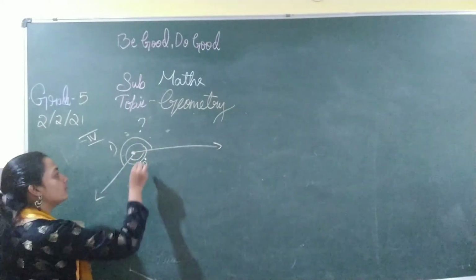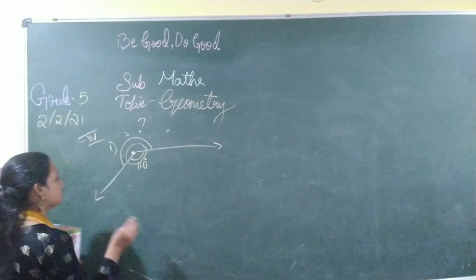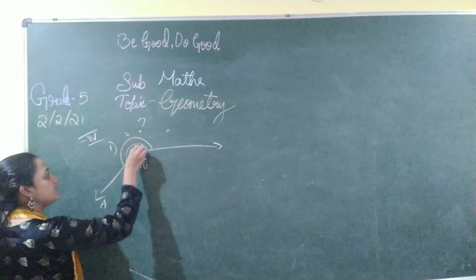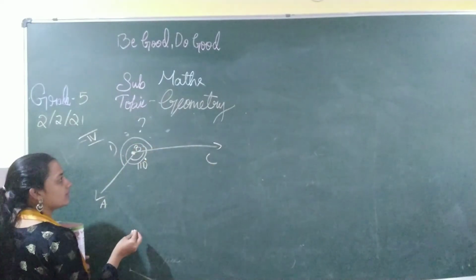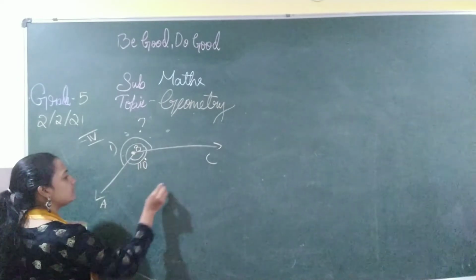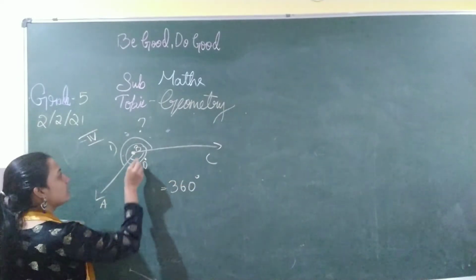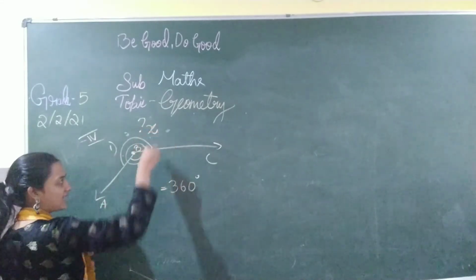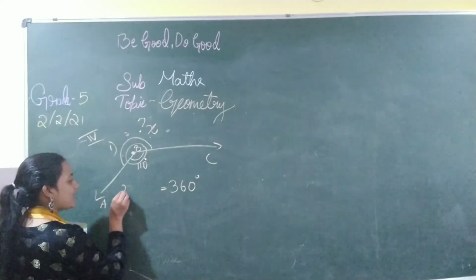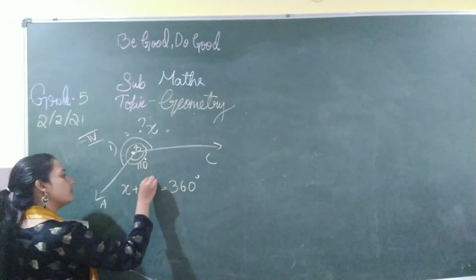So you know this is one hand. Let us first name it. So let me name it A, B, C. Okay, right. And when I add all this, I should get equal to 360 degree. What I don't know, I'll keep it as x. I should add x plus 110.